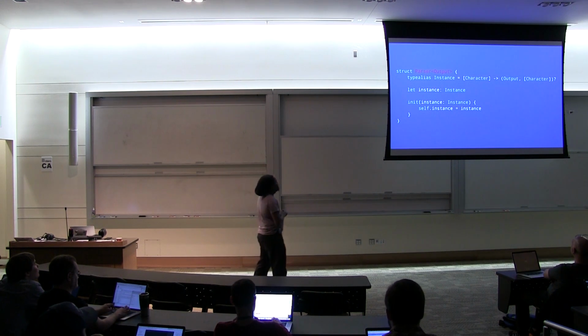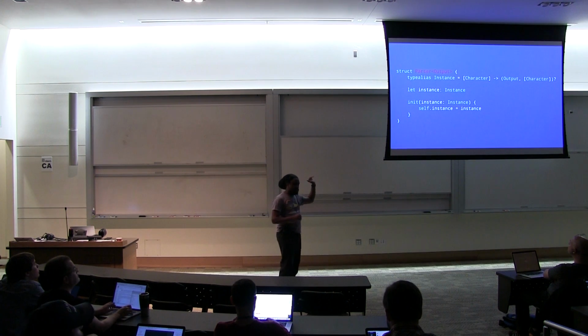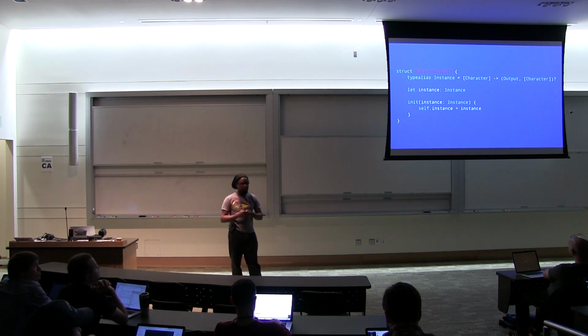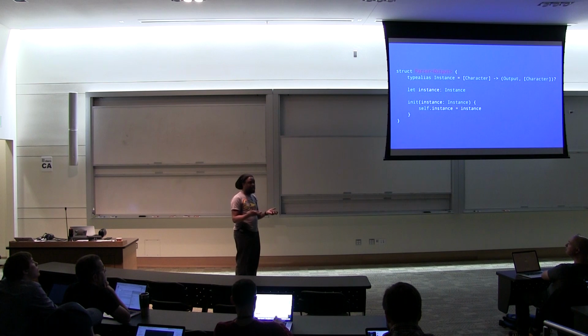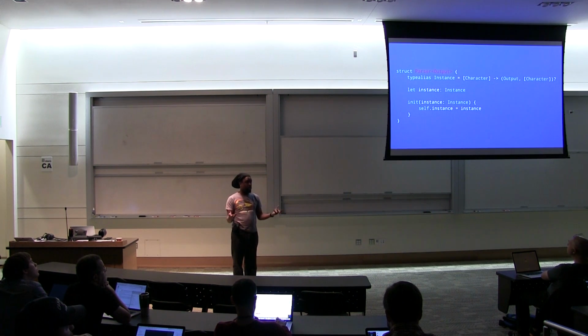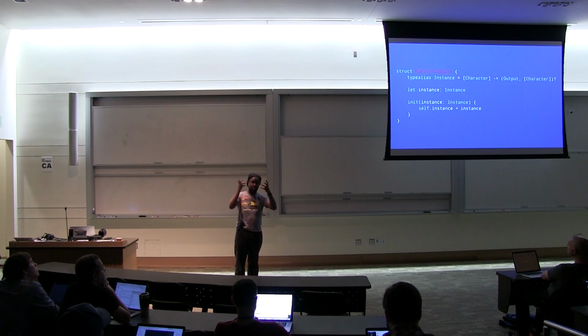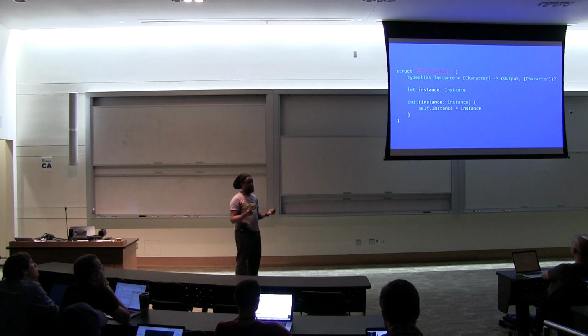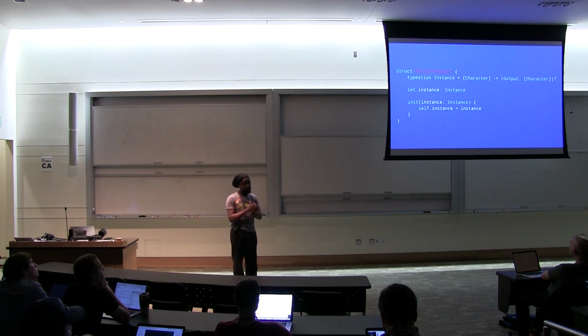So we have that instance up at the top, and then I'm just going to store one. When I make an actual instance of a Parser struct, all I'm doing is accepting an instance of a function, and I'm storing it. I'm keeping it for later. So it really is just a thin wrapper over that function.